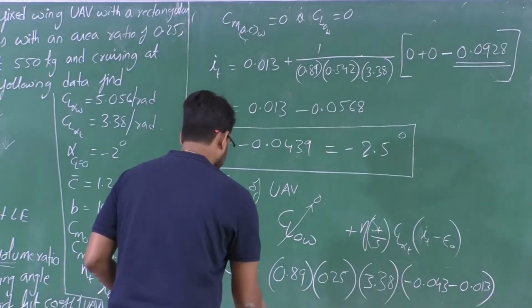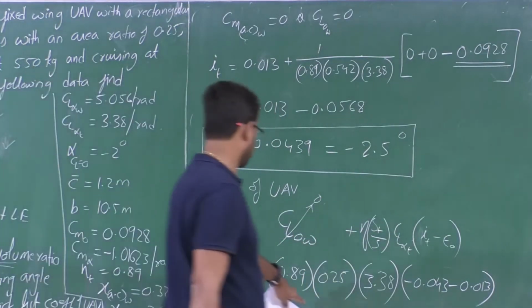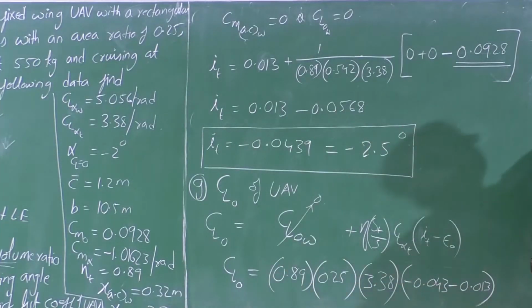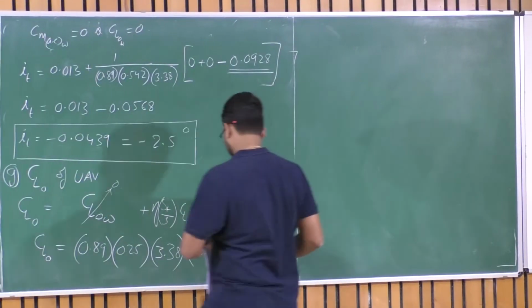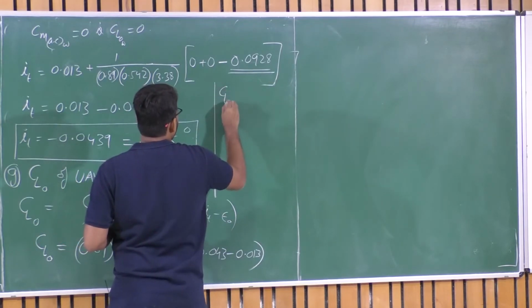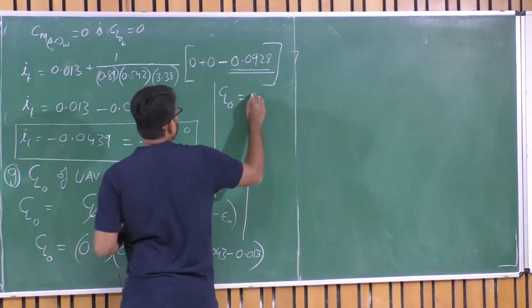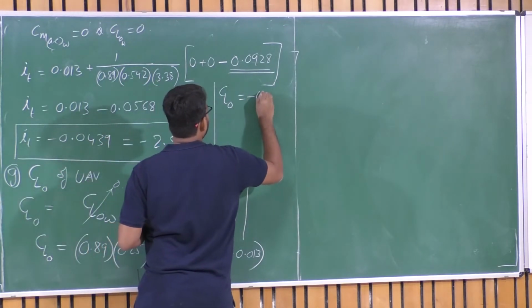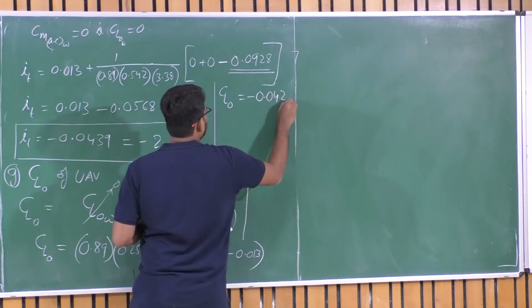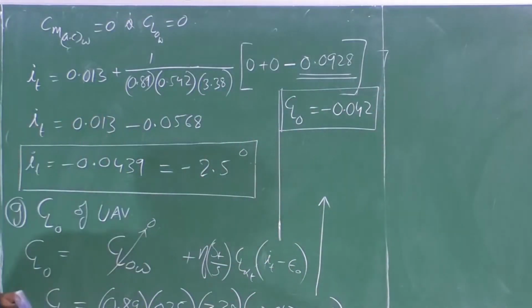If you multiply all of this, the CL naught that I am going to have is minus 0.042. So this is the negative CL naught contribution because of the tail setting.